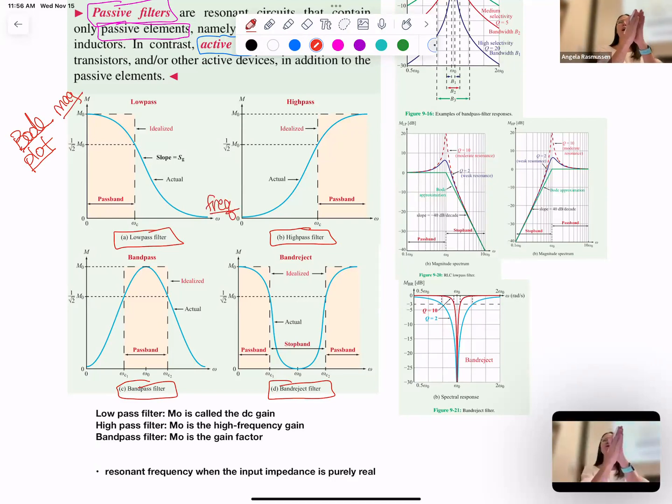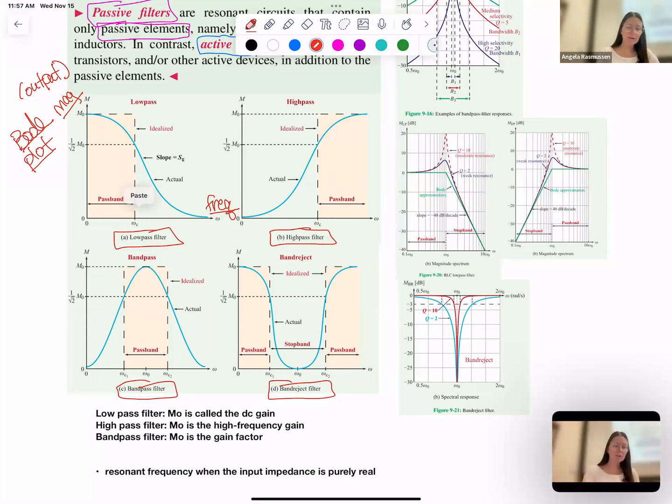It shows you as I change my frequency, what is happening to the circuit output. That magnitude is at the output. It is a comparison between the output over input, but if you want to just look at it as output of a circuit, it is showing you what the value of the output is when the frequency changes. So x-axis is frequency and y-axis is the output of the circuit.